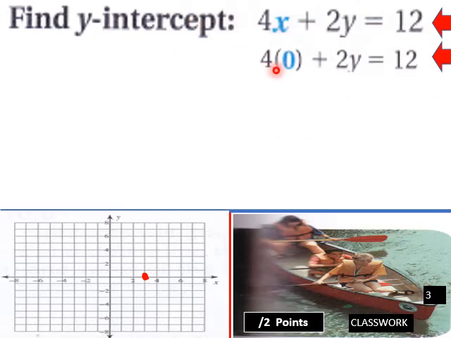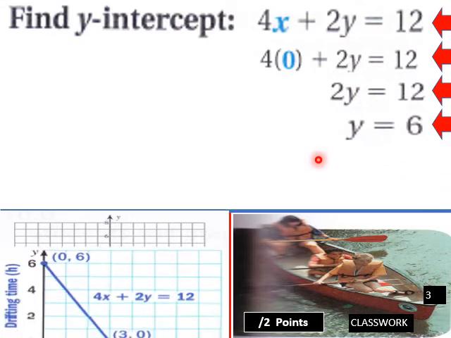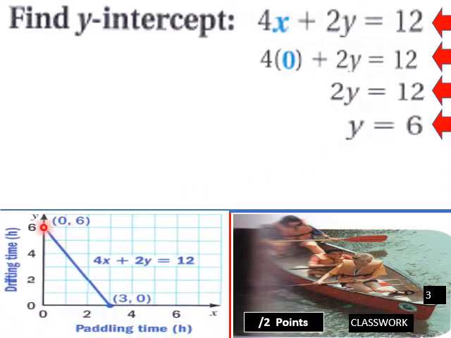If we drift the whole time and don't paddle, that would be x equals 0. We have no paddling time. 4 times 0 plus 2y equals 12. Then 2y equals 12, and y will equal 6. Here would be a graph of 4x plus 2y equals 12.